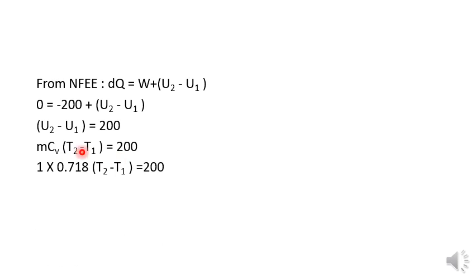Substitute the values of m and Cv, and we get the difference of temperature equal to some value. I am labelling this as equation 1: T2 minus T1 is equal to 278.58. For the adiabatic process, the non-flow energy equation is dQ equal to dU plus dW. Here the heat transfer dQ is equal to 0.